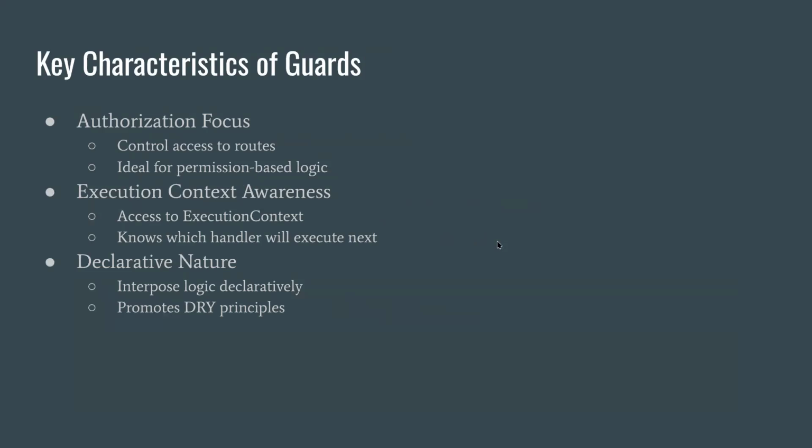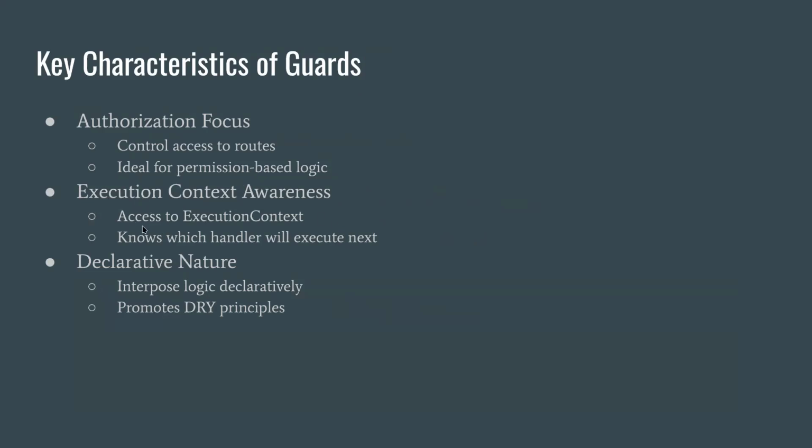Key characteristics of guards. First, guards are designed to focus on authorization. They control access to routes based on user permissions, ensuring that only authorized users can access specific endpoints.